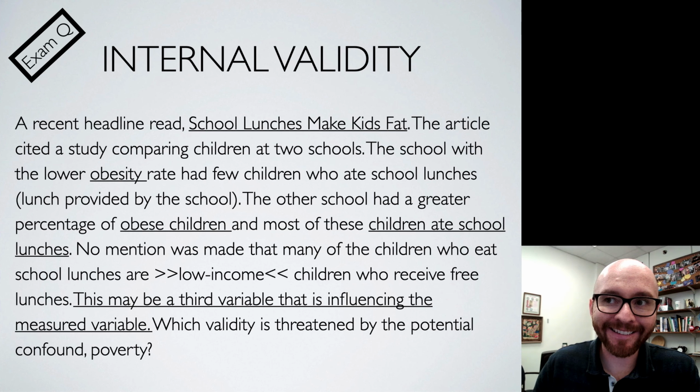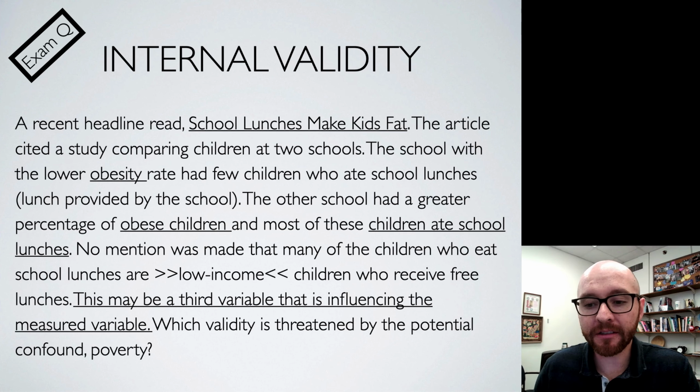Whenever you see that they didn't randomly assign the IV and they're claiming a causal claim, then you also have an issue with internal validity, right? So hopefully you see those issues in this study design, but then also keep in mind, can they claim temporal precedence? Which caused which?